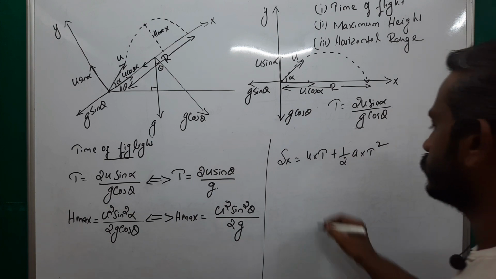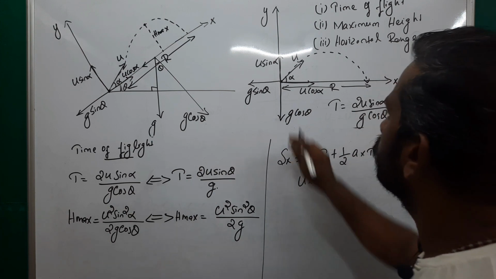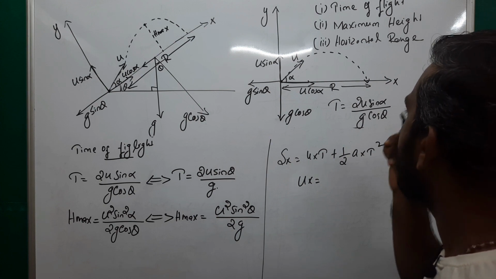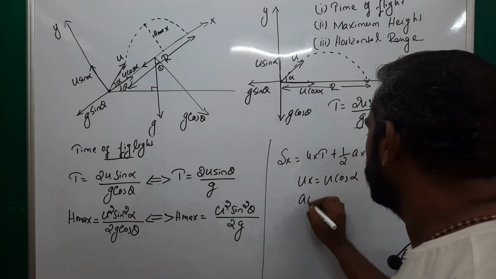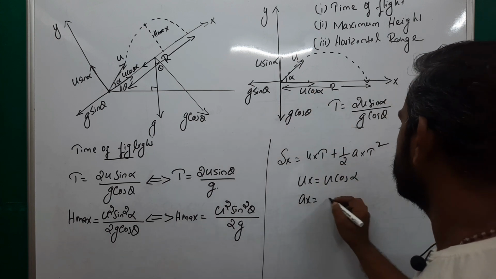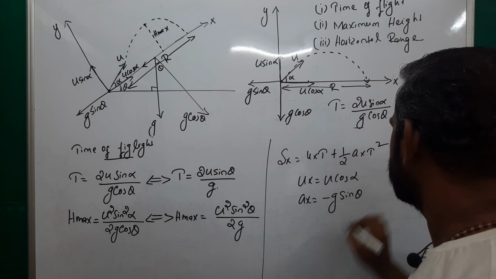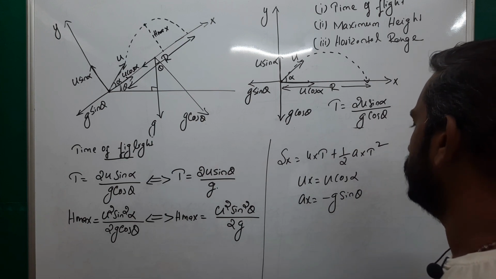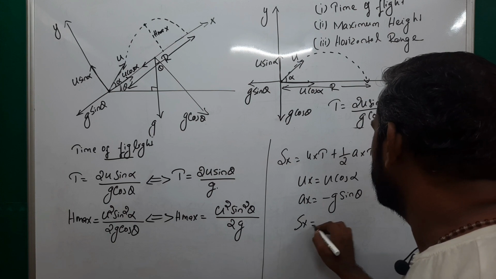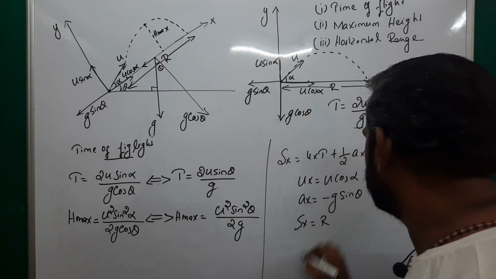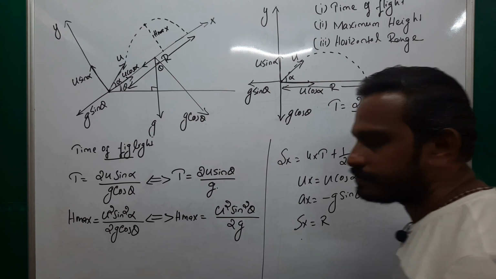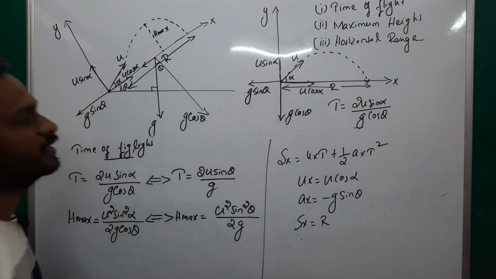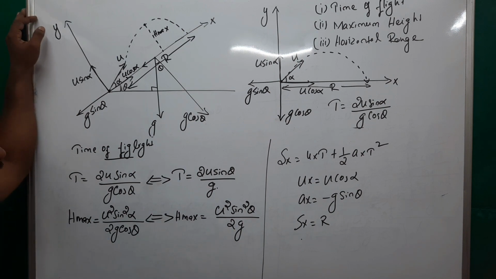So ux equal to u cos alpha, ax equal to minus g sin theta, Sx equal to R, then t is equal to time of flight. So using this concept we can find the horizontal range. Clear, students?